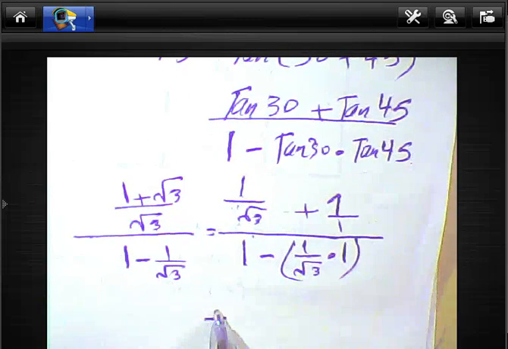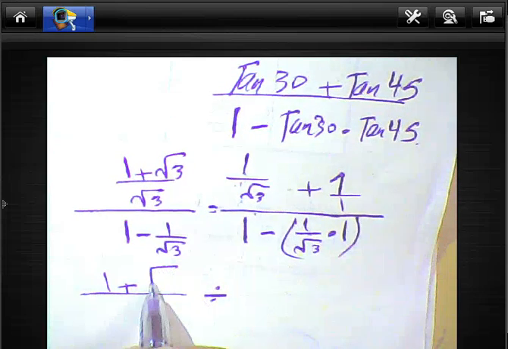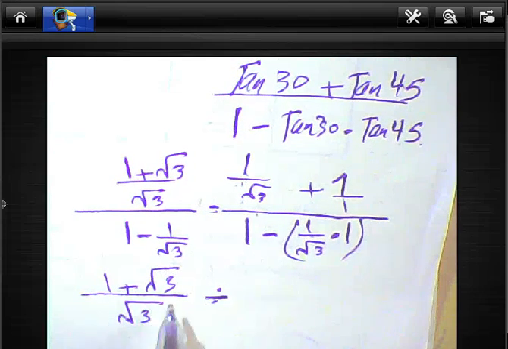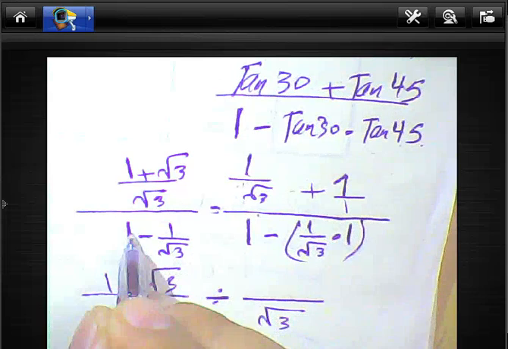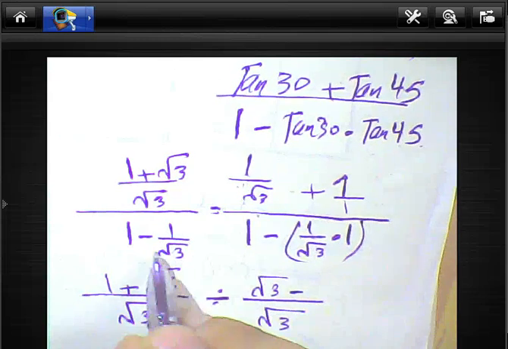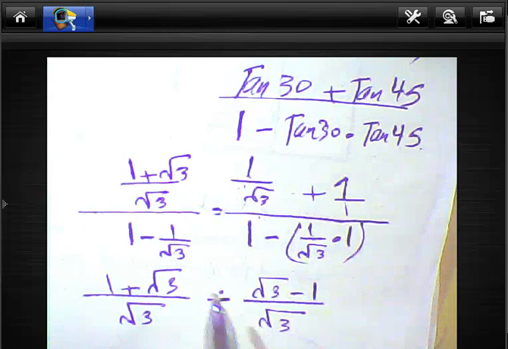So we can write the division here, and 1 plus root 3 over root 3 in the first term, divided by 1 subtract 1 over root 3, we can write root 3 here. Root 3 times 1 equals root 3, subtract what? Root 3 divided by root 3 equals 1, 1 times 1 equals 1.